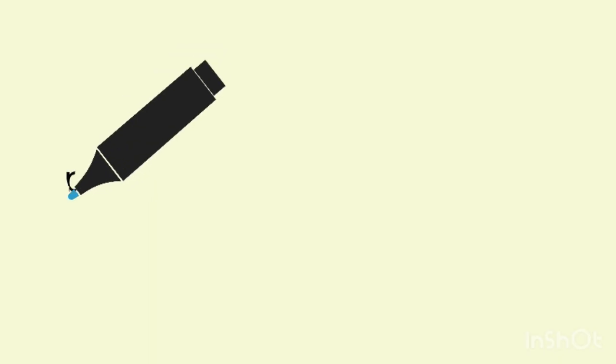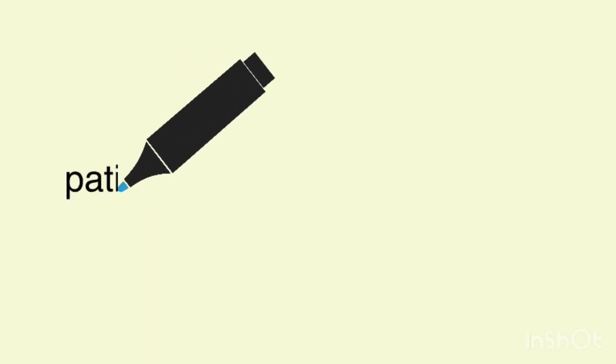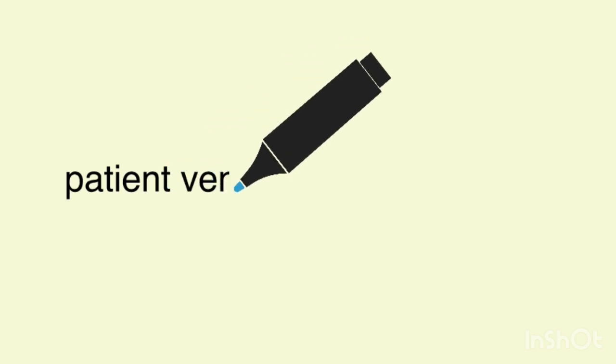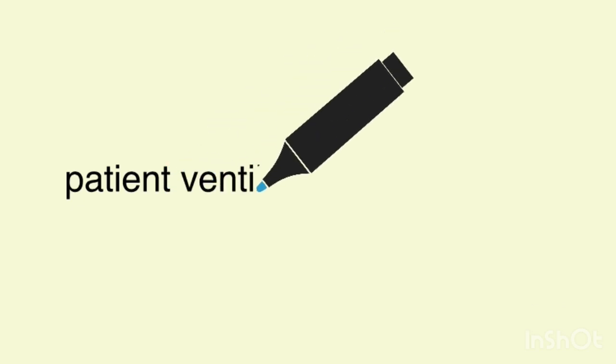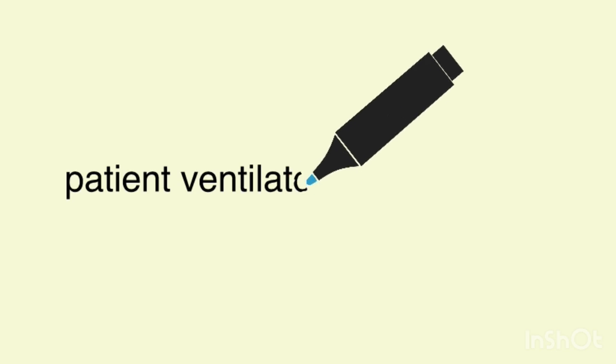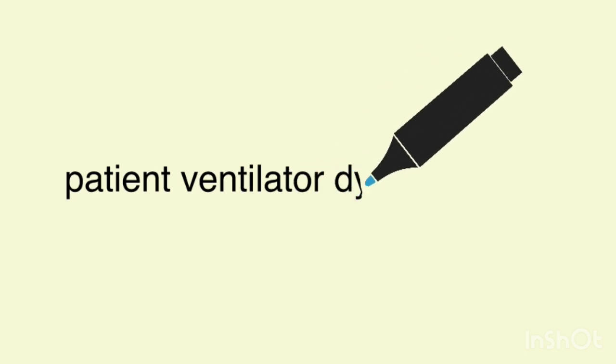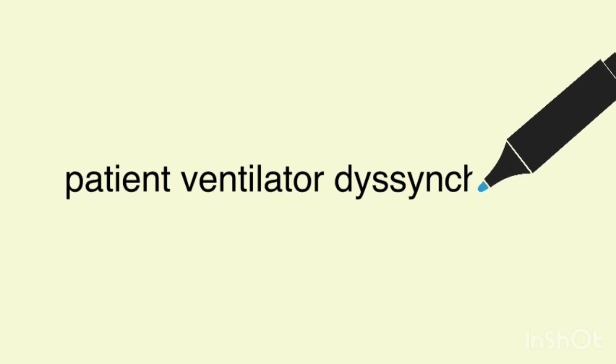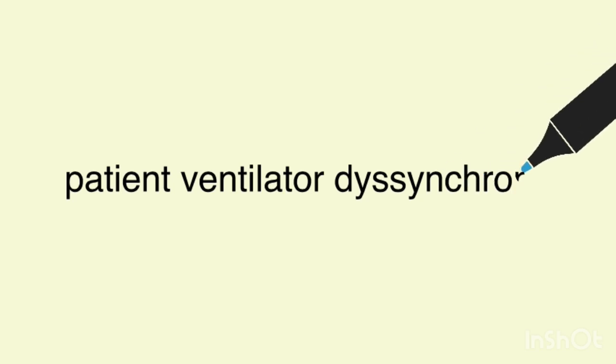The problem with this mode is patient-ventilator desynchrony, because the patient also tries to get breaths and the machine also tries to provide breaths. Because the two are working to do the same thing, there can be desynchrony and problems can occur.